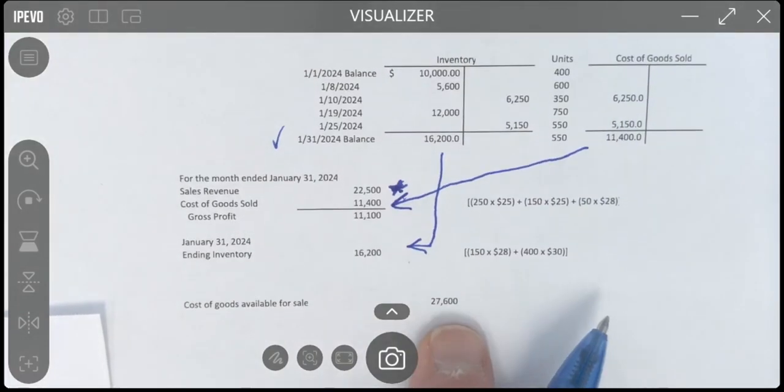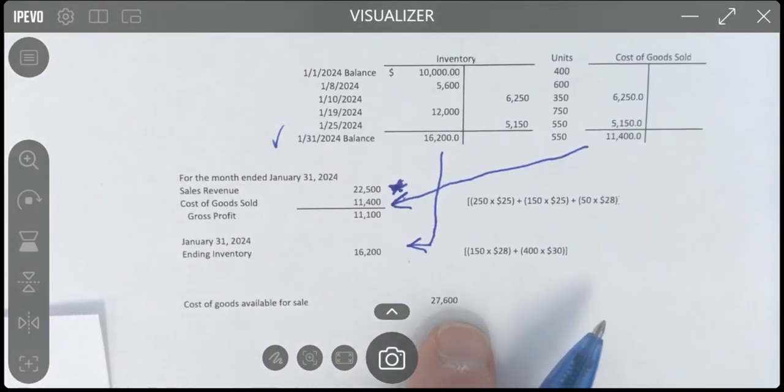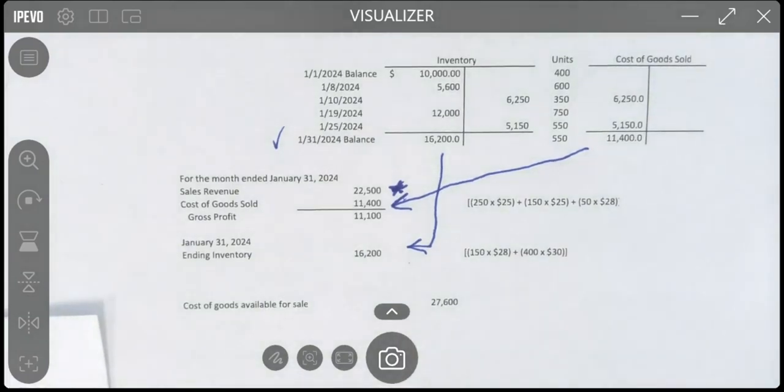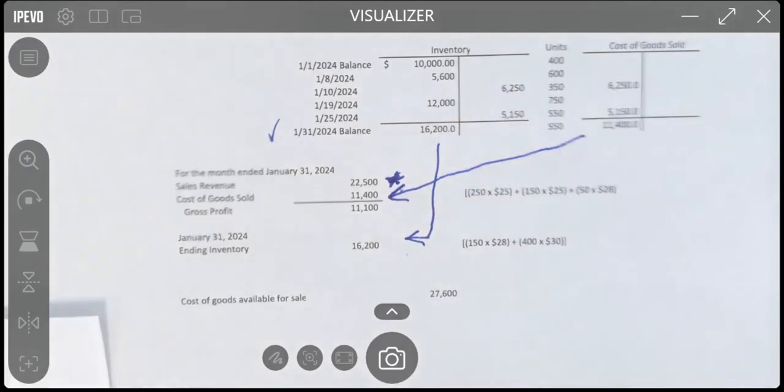And the cost of goods available for sale the whole month was 27,600. All right, and that is applying perpetual FIFO.